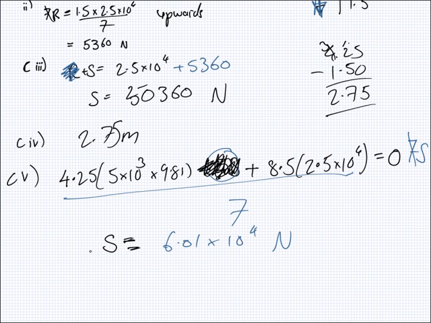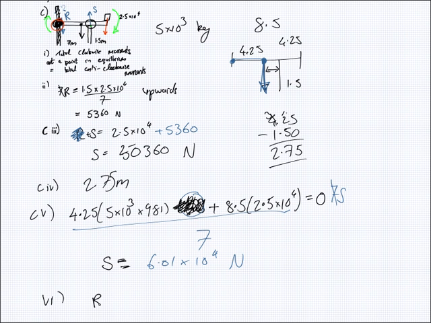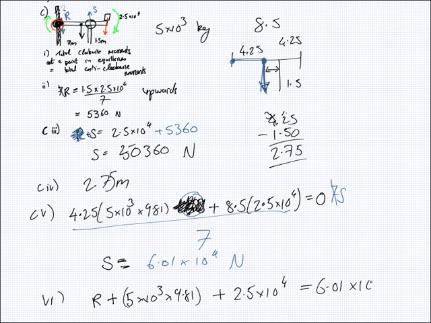Okay. Is the next part, what's the R? Right, so we can just say from the picture that R plus the weight, what was the weight? 5 times 10 to the 3, wasn't it? Times 9.81, plus 2.5 times 10 to the 4, should equal S, which is 6.01 times 10 to the 4.